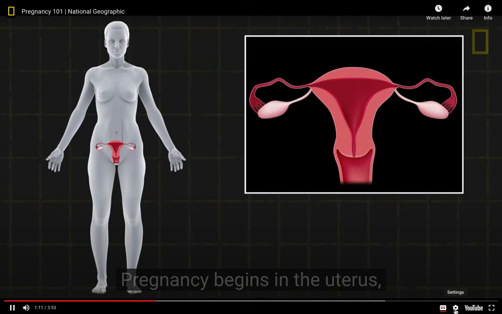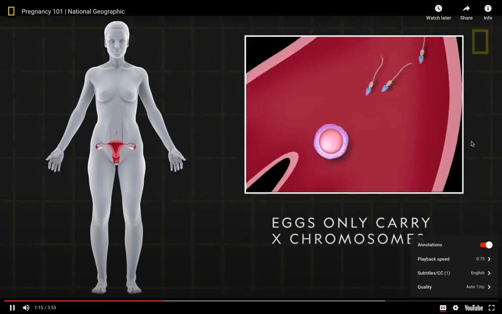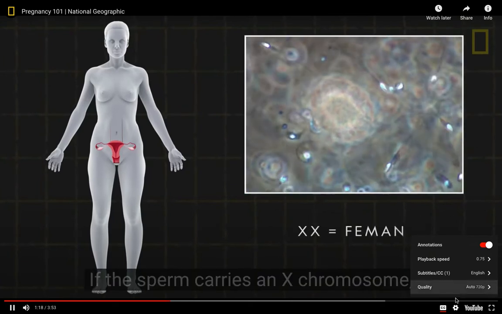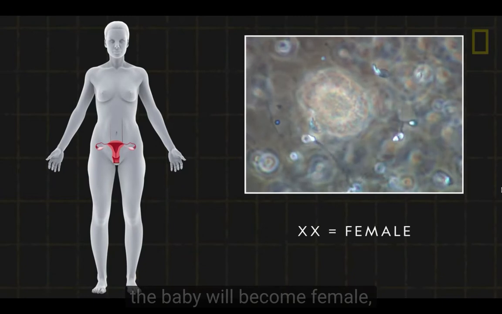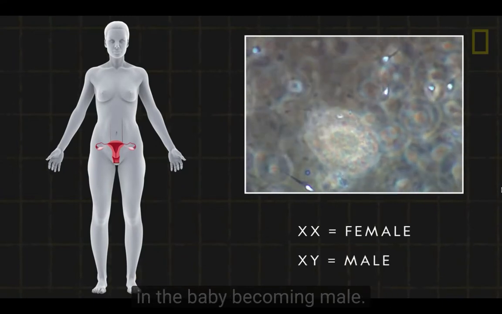Pregnancy begins in the uterus, where a sperm fertilizes an egg. If the sperm carries an X chromosome, the baby will become female, while a Y chromosome will result in the baby becoming male.